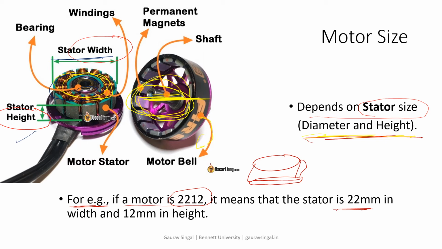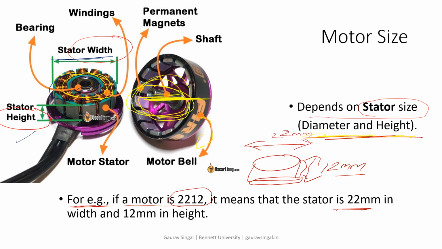This 22 mm is basically the diameter, or you can say the width of the stator. It is 22 mm, and the height is this one. Sorry, 12 mm. 22 is the width and 12 is the height.